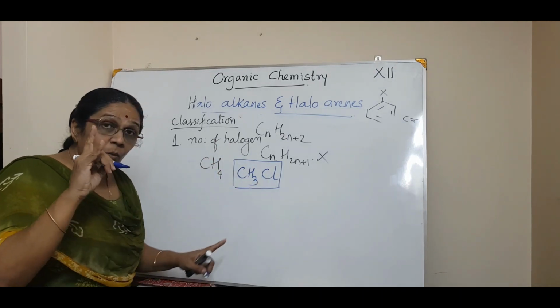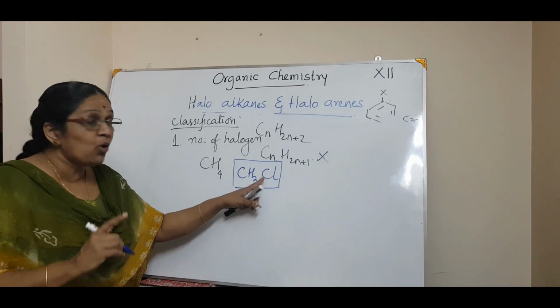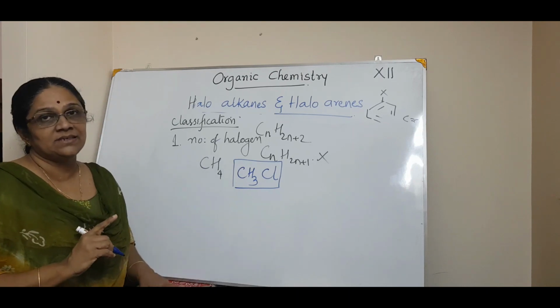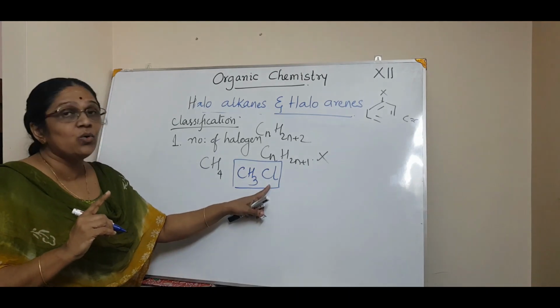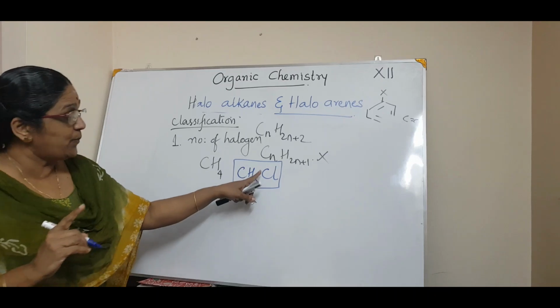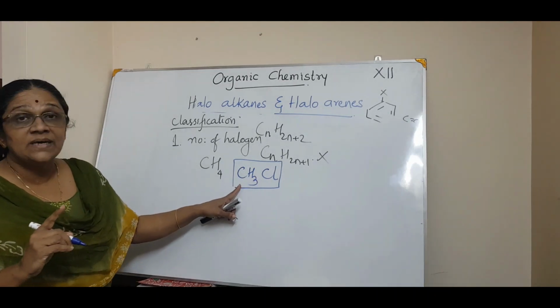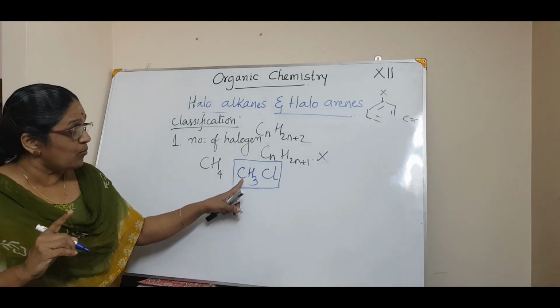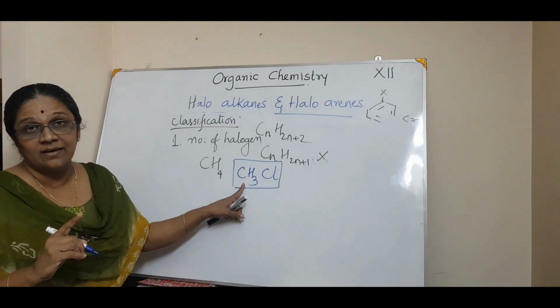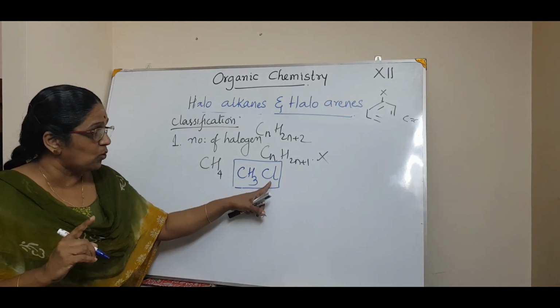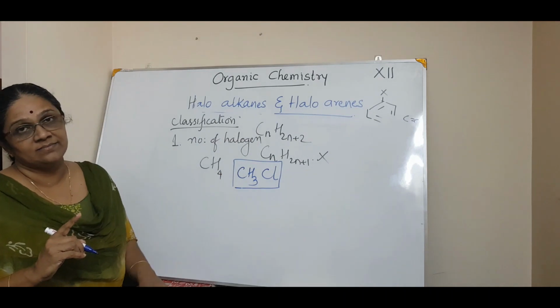Here there is only one halogen atom, so it's a monohaloalkane. And the IUPAC name is chloromethane.